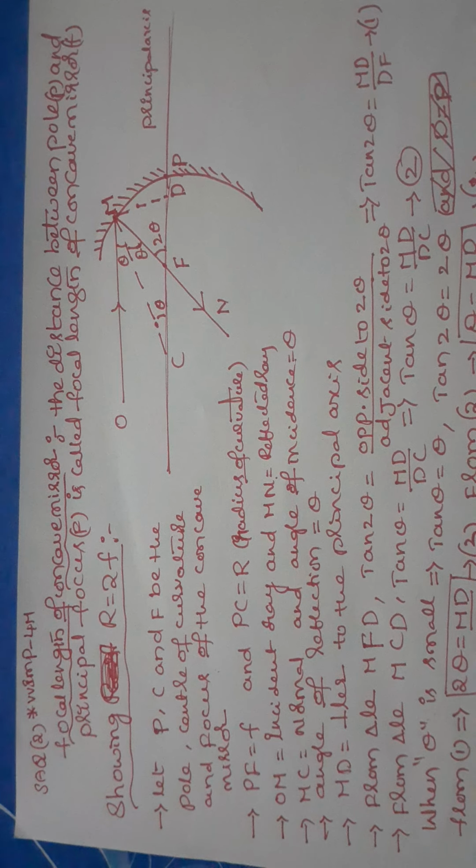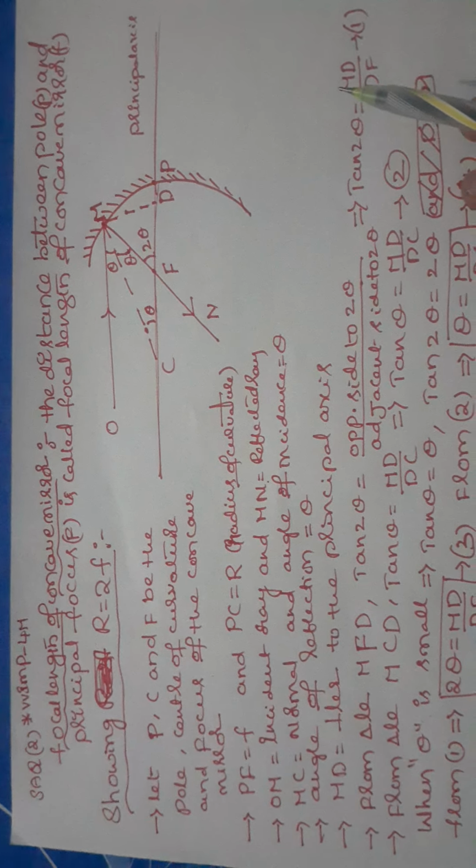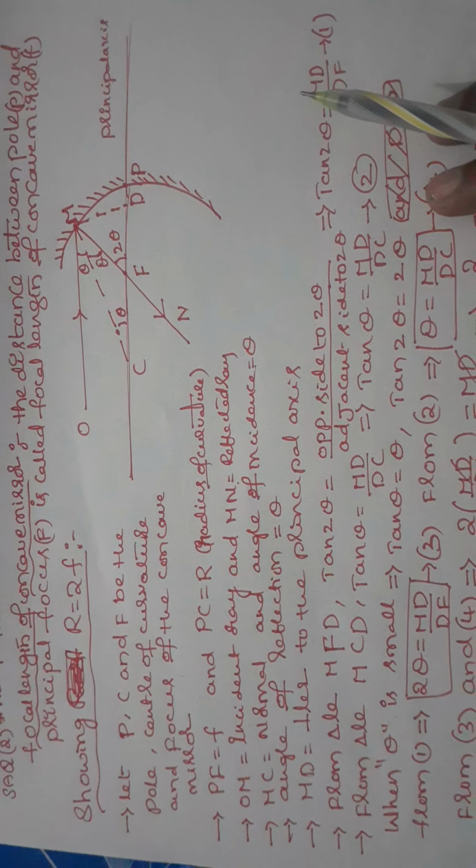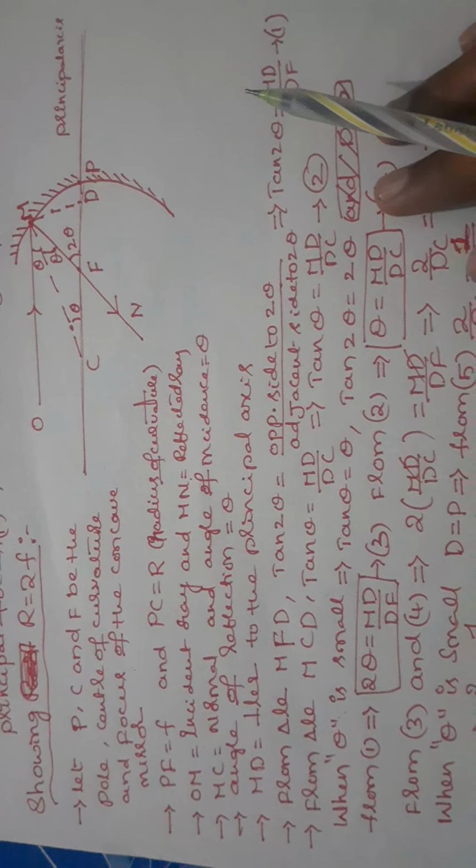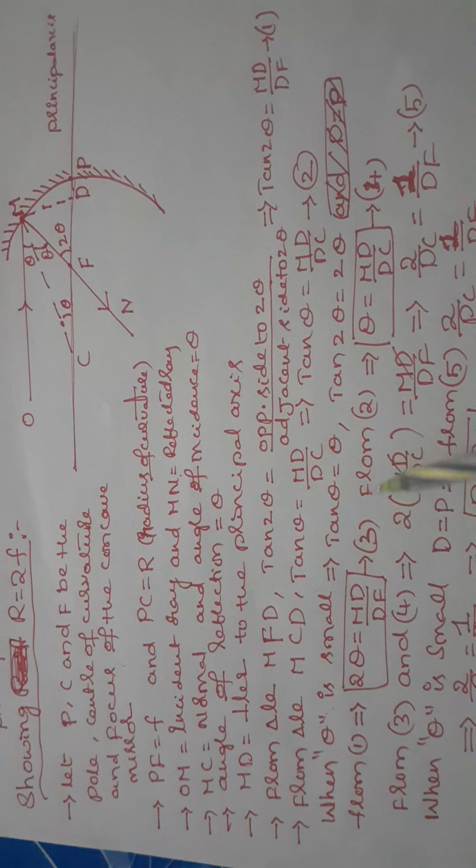So from equation number 3 and 4, students, 2 theta is equal to MD by DF, but theta is MD by DC. So when theta is very small, tan theta will be equal to theta and tan 2 theta will be equal to 2 theta.